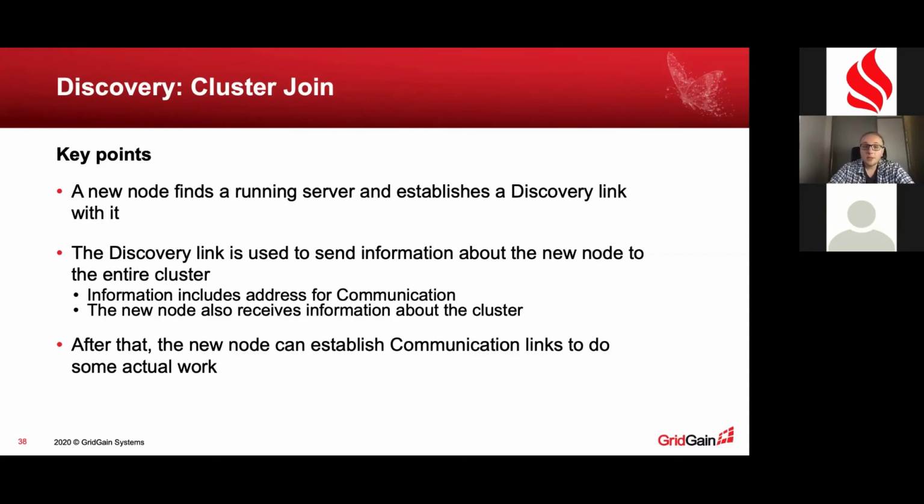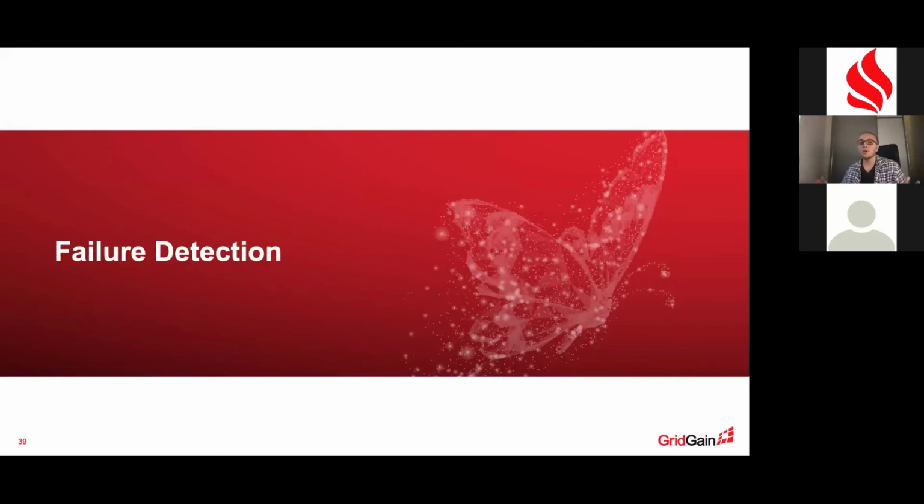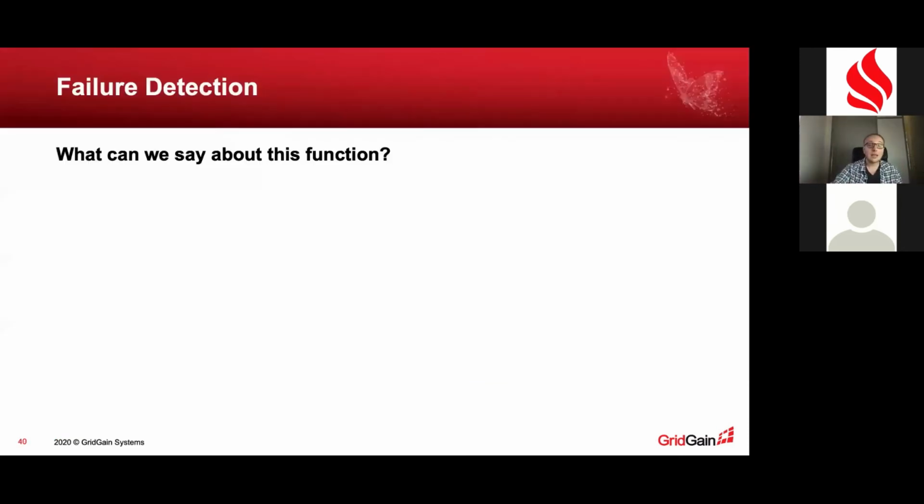So this is our third networking function, and here is our last one. Last but not least is failure detection. And failure detection is a very important function of any distributed system. It defines the high availability properties of our cluster.